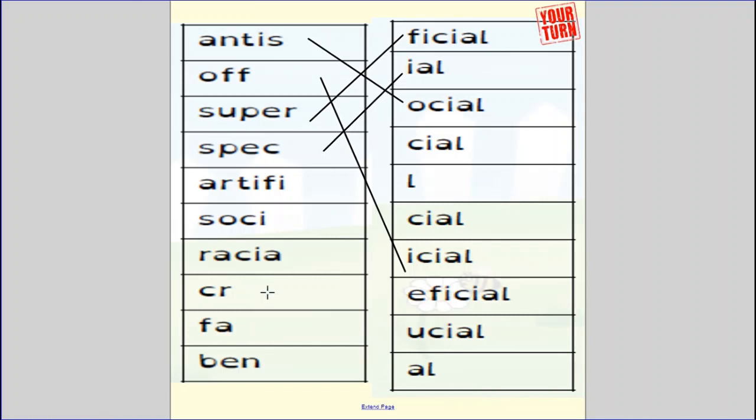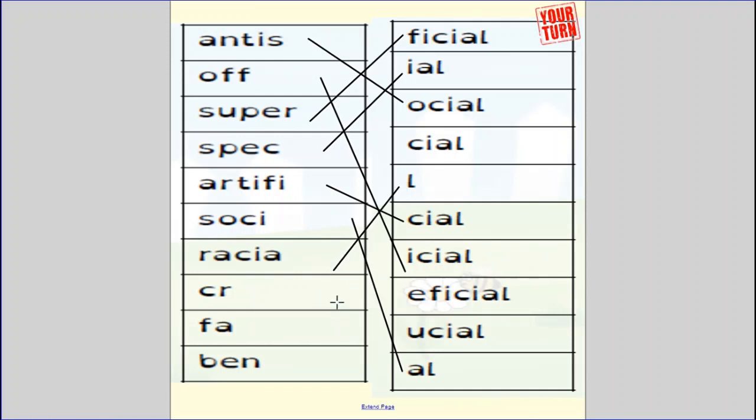Yep. The next is artificial. The next is social. Looking for AL, there it is. The next is racial, so I just need an L.